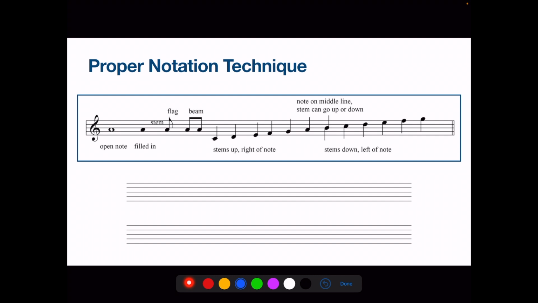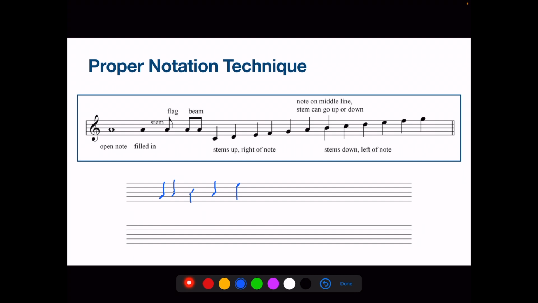When you don't have any flags, any beaming to do, and when you have a bunch of notes scattered on the staff, you can very easily tell that this note is under the middle line, so the stem points up, this one points down, this one points up, this one points down, right? So we basically just use the middle line as a reference point, and you can decide the stems.